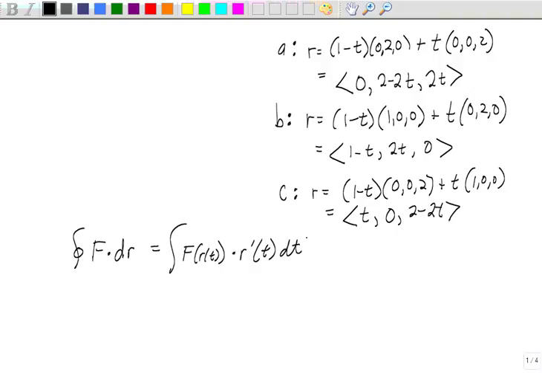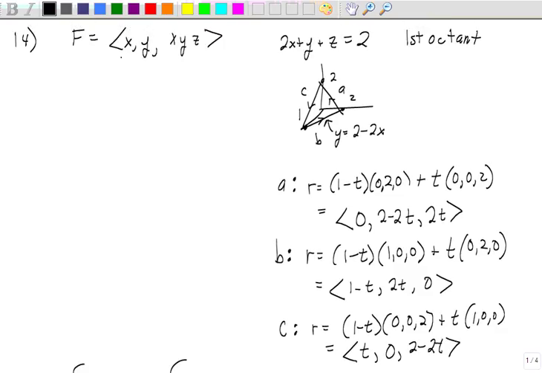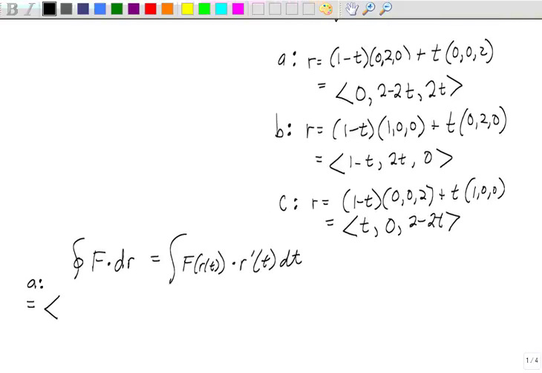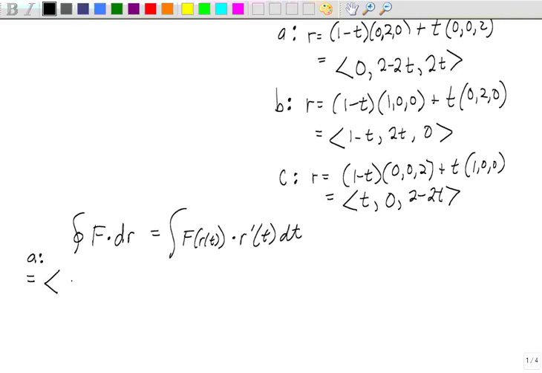Okay, so the first curve, we're doing curve A, and x is 0. Let's see, r prime is 0, minus 2, 2.